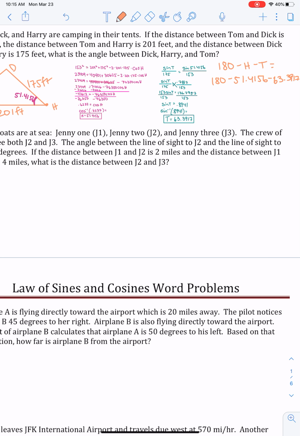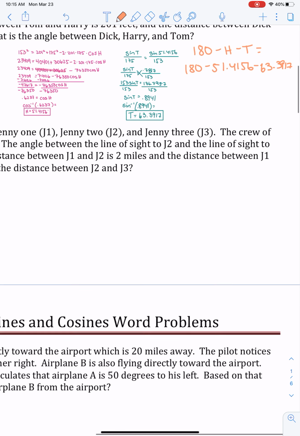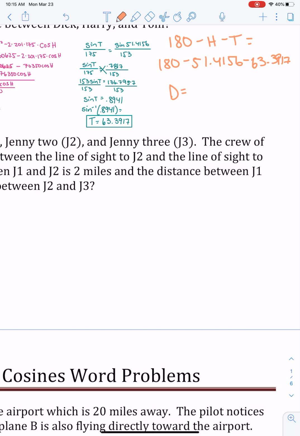And that will give me, typing it in now, I got 65.1927, something. Look closer. So the last angle is 65.19269, so 27.